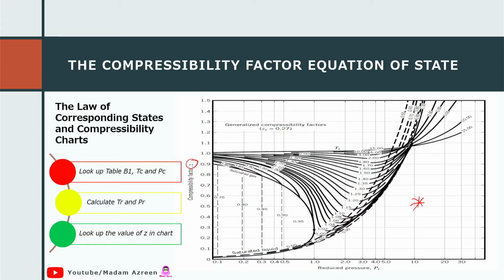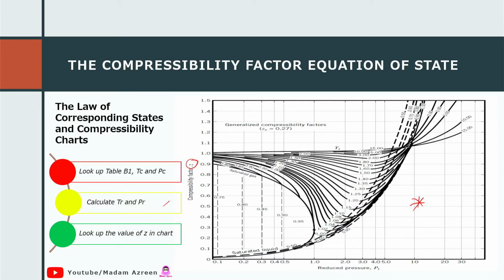The first one is to look up table B1, find the value of critical temperature and critical pressure, and then calculate the reduced values, TR and PR, and then you can find the value of Z at this chart. This chart has a few ranges with different values of TR and different values of PR.